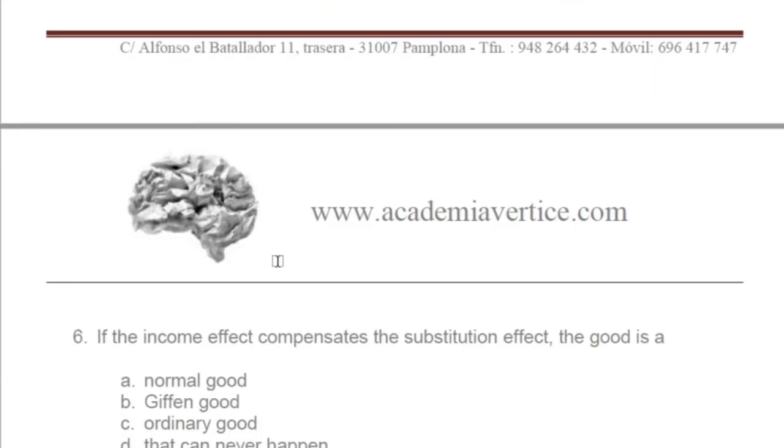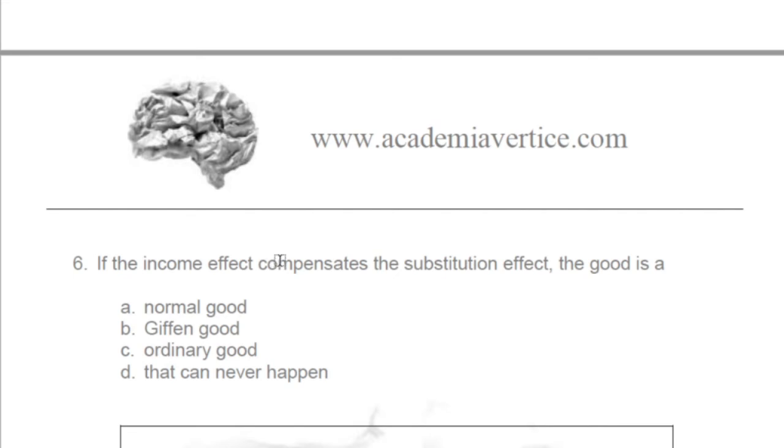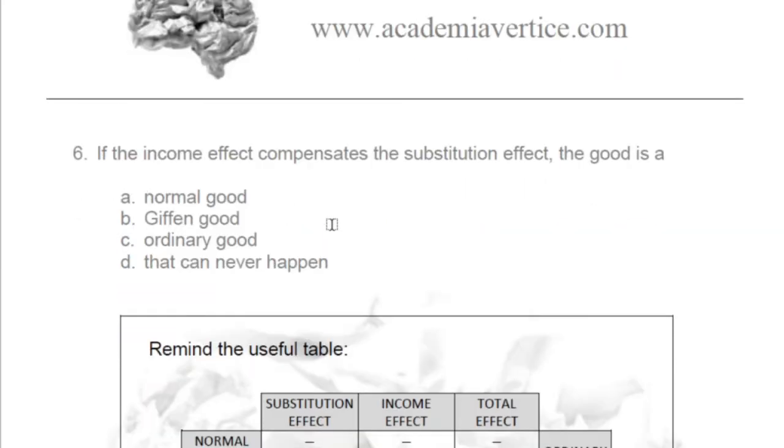Perfect. Now, exercise number 6. If the income effect compensates the substitution effect, the good is what? Well, we use here a very useful table I gave you in class.